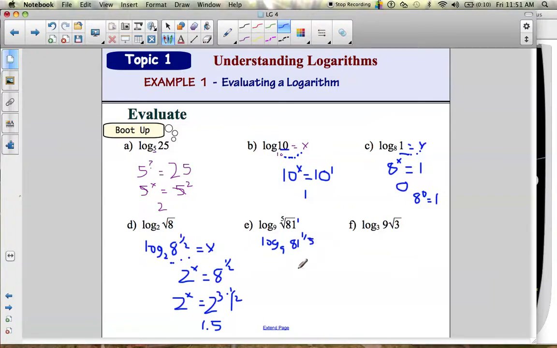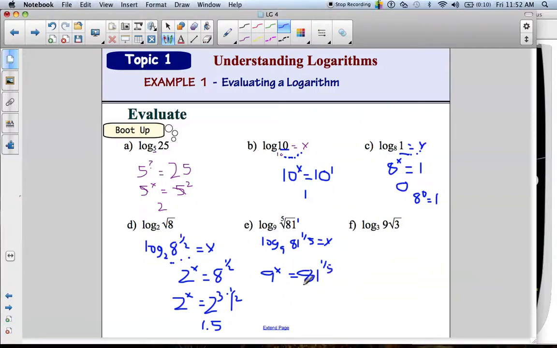All right. Now we can make it equal X and just do our little boot up method. So that 9 boots that up. So now we have 9 to the X equals 81 to the 1/5. Now I'm not going to go to base 3.